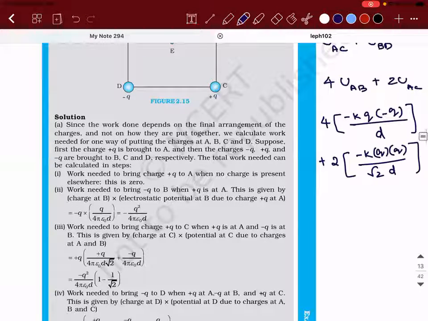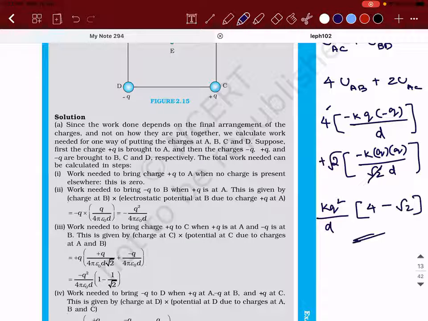Because it's the length of the diagonal. So I have K Q square divided by D taken out. What is left out here? I have a 4 left out here minus this root 2 times.